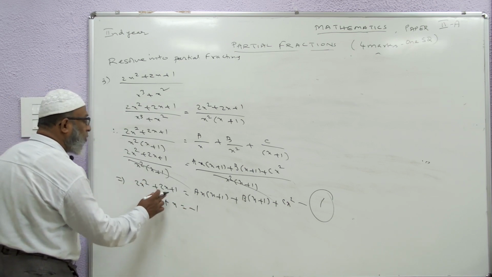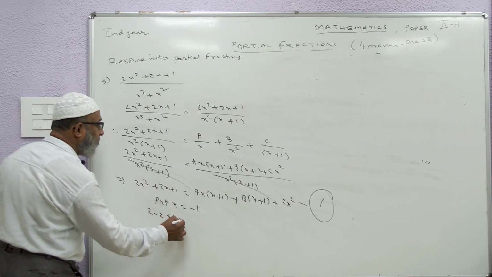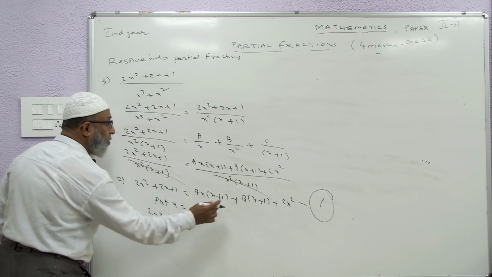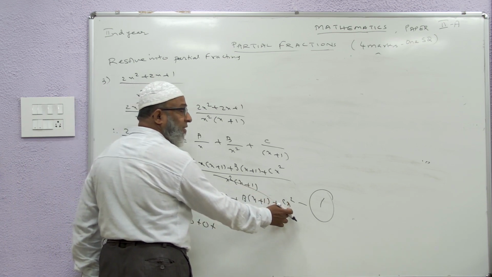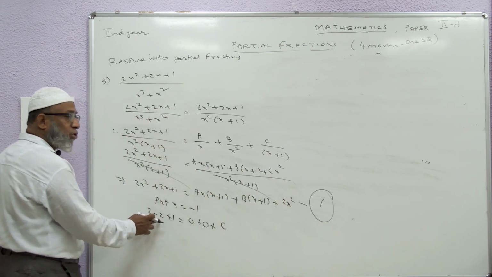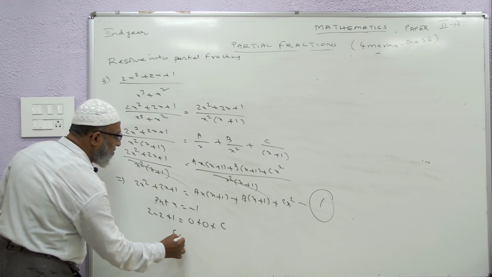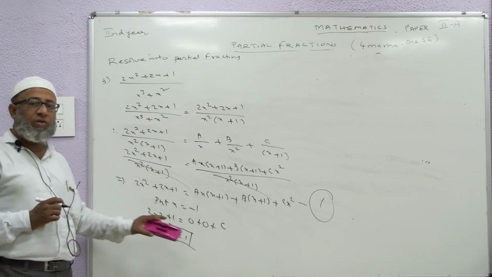Minus 1 into 2, minus 2 plus 1. Minus 1 plus 1, this is 0. Minus 1 plus 1, this is 0. Plus, if I put minus 1 here, this becomes plus 1, 1 into c becomes c. So minus 2 plus 2 cancel. What do I remain? 1. Therefore, the value of c is equal to 1.